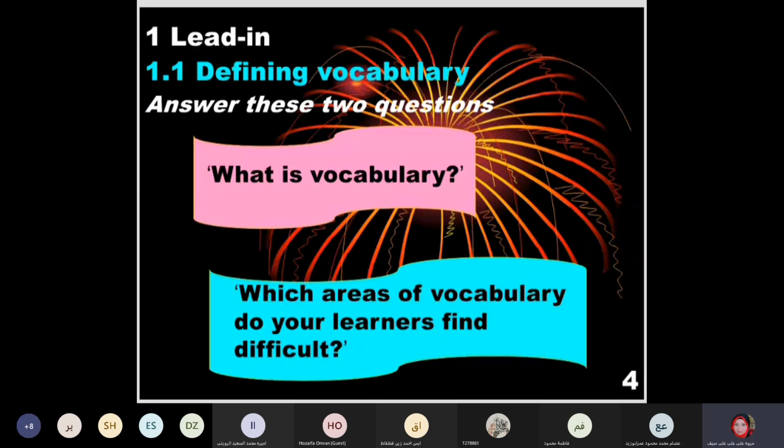So, who wrote collocation as a difficulty that face my learners while they are learning vocab? Please, you just unmute yourself and tell us why do you think that learners find collocations difficult when they are learning vocab? Because I don't see the name. Collocations. Unmute and tell us why are collocations difficult for my learners? What are collocations in the first place?